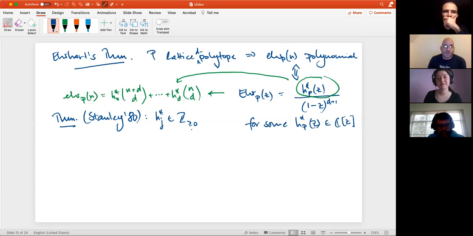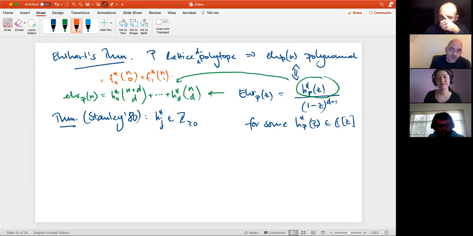I also mentioned the other bases. Maybe let's write this in orange. I can also write this in terms of the binomial coefficient basis with n choose 0, n choose 1, and so on. This is called the f star vector of the polytope.